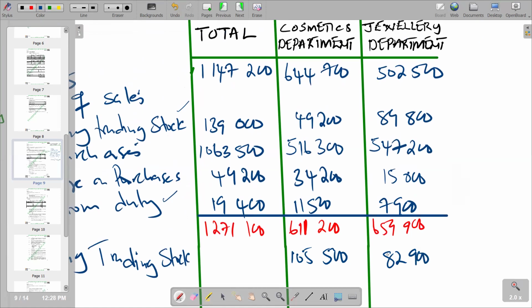Remember, we are supposed to subtract this figure from the total that we got there to get our figure for cost of sales here. So we add the two, 105,500 plus 82,900, on the total column. We're going to get 188,400.